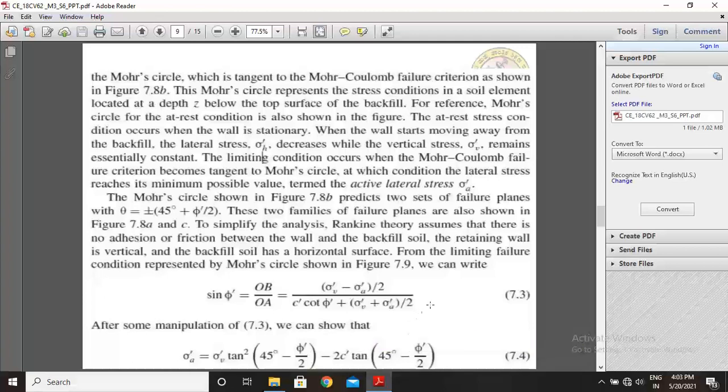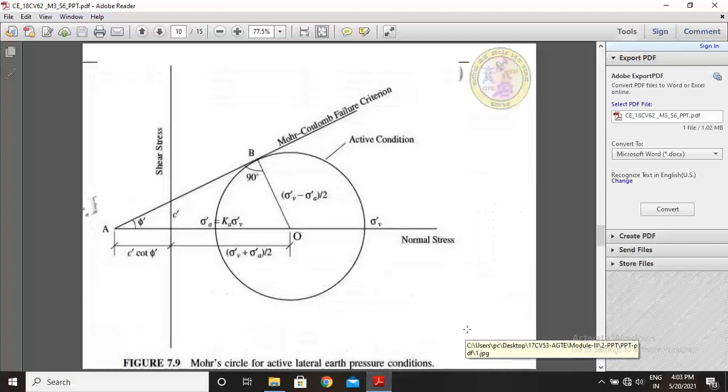This is equation 7.3. After some manipulation of equation 7.3, we can show that sigma dash a is equal to sigma dash v tan square of (45 minus phi by 2) minus 2c tan of (45 minus phi by 2). This is the simplification.